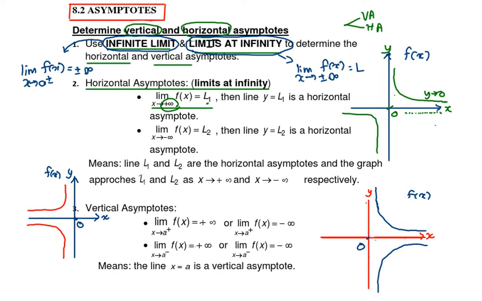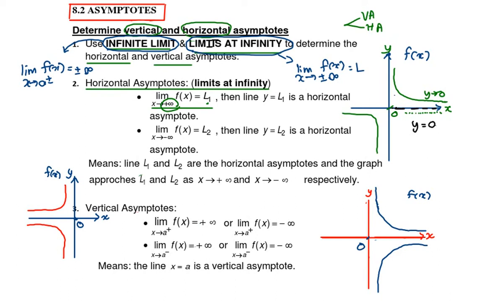Means the line y equals 0 is a horizontal asymptote.